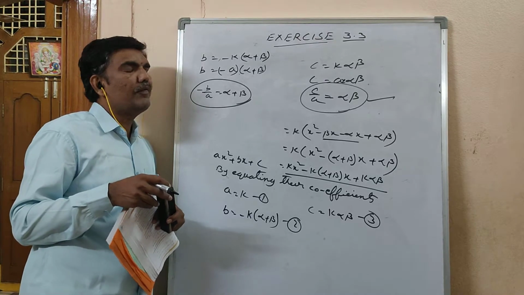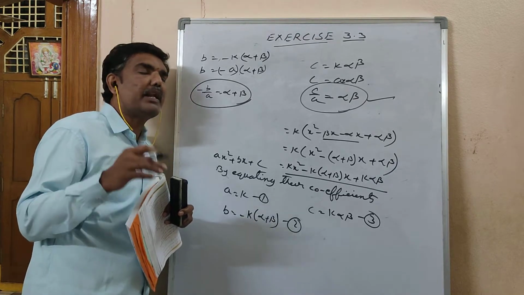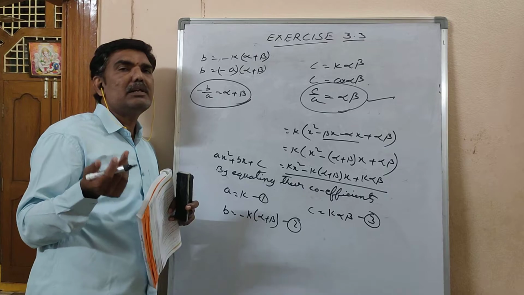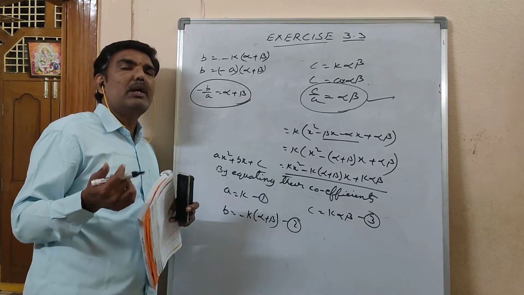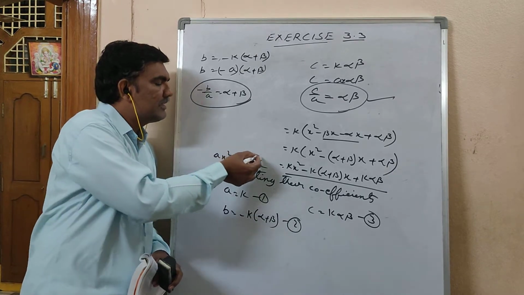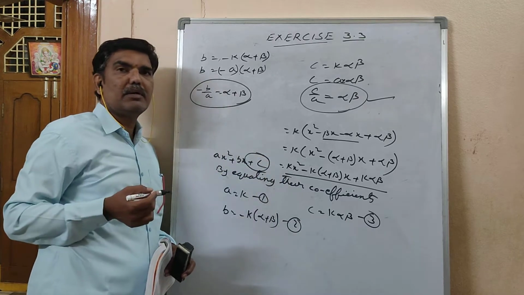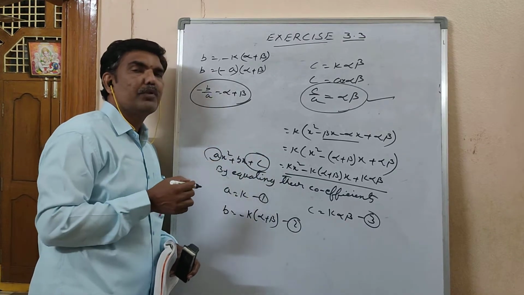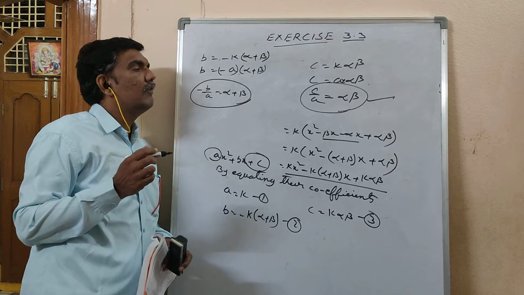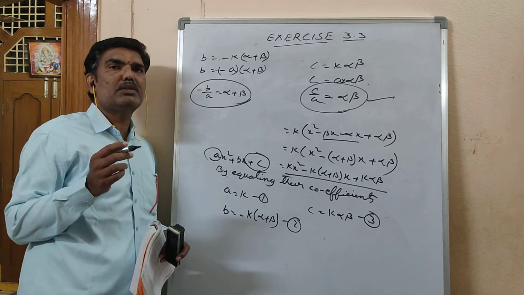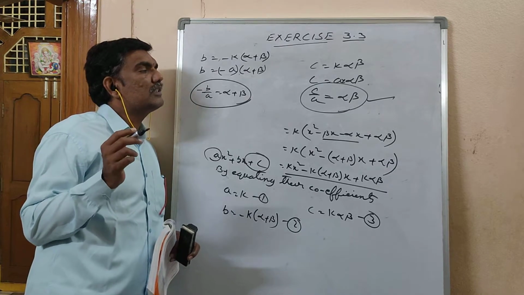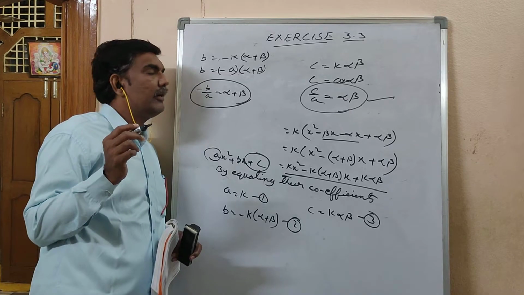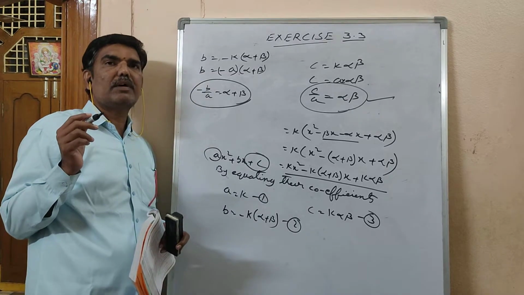So what is the formula for the product of zeros of a quadratic polynomial? It is nothing but c by a. What is c here? c means the constant term. What is a here? Coefficient of x square. What is the formula for the product of zeros? Constant term divided by coefficient of x square.